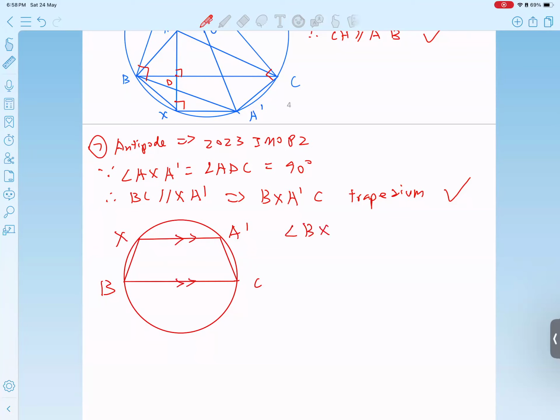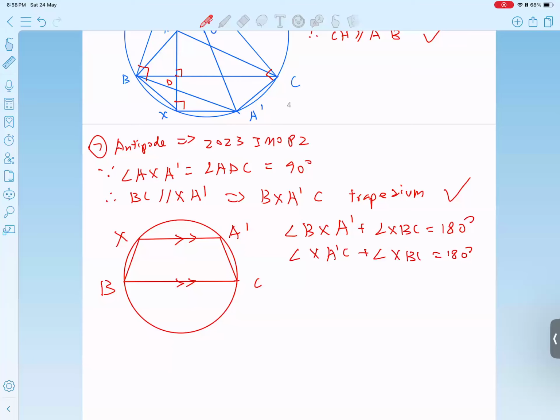Angle BXA dash plus angle XBC is 180, and then angle XA dash C plus angle XBC is 180.